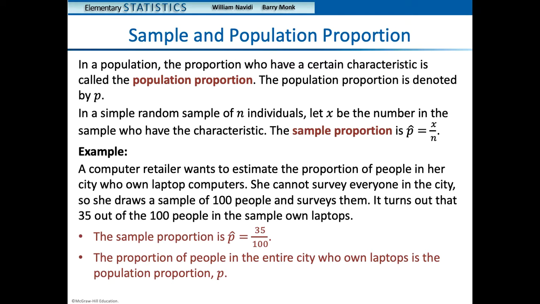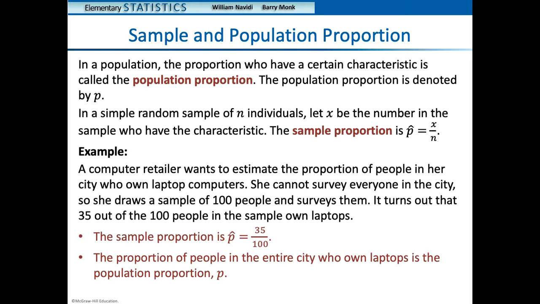So, for example, let's say that a computer retailer wants to estimate the proportion of people in her city who own laptop computers. She cannot survey everyone in the city, so she draws a sample of 100 people and surveys them. Then it turns out that 35 out of the 100 people in the sample own laptops.